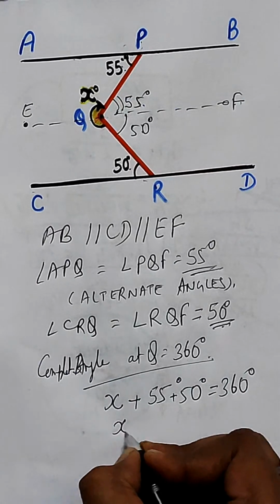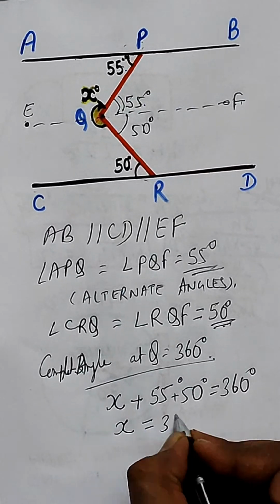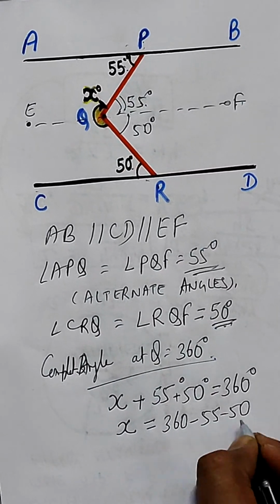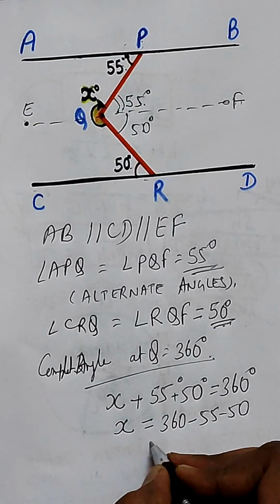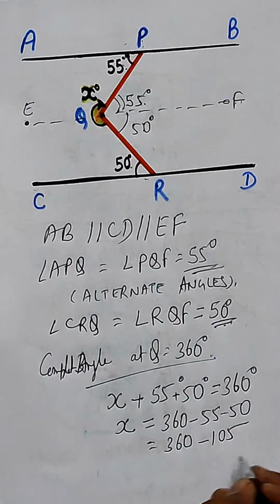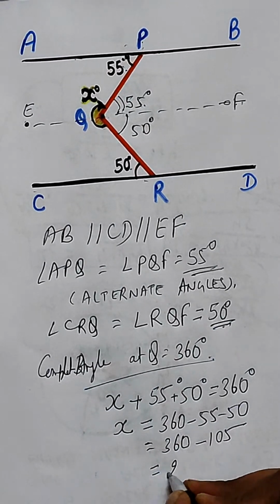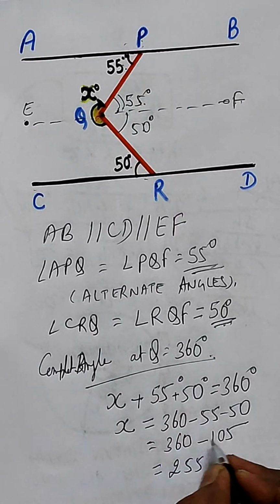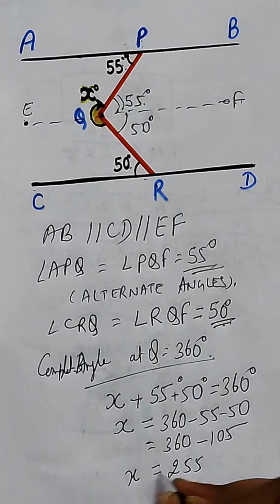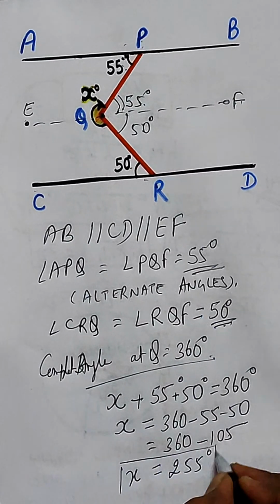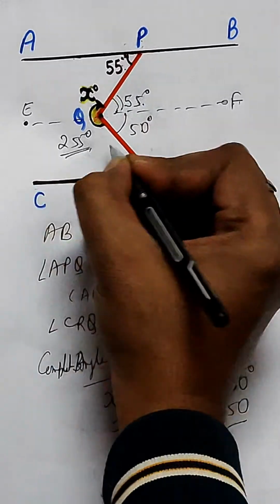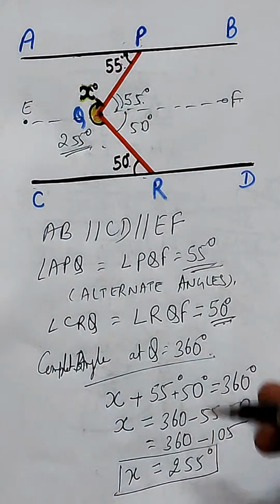To calculate the value of x, it's a simple arithmetic calculation: 360 minus 55 minus 50. 360 minus 105 is 255. So the value of x is 255 degrees. This is our answer, right?